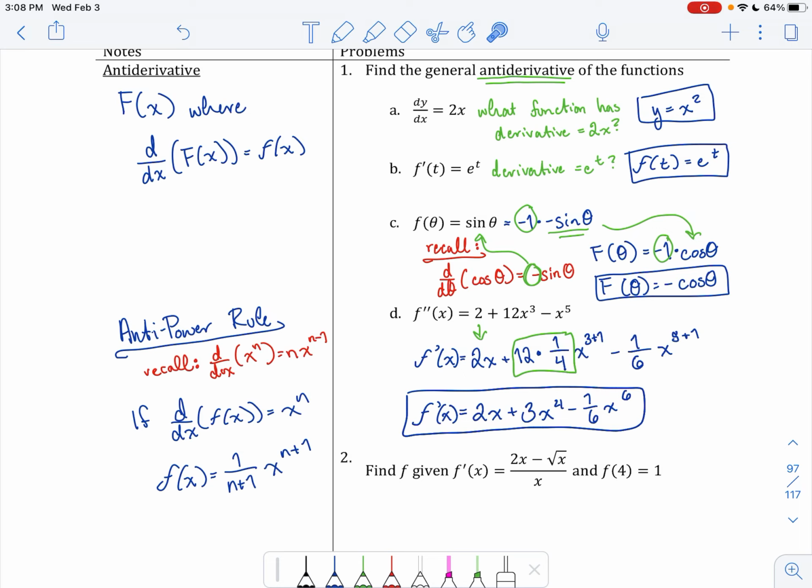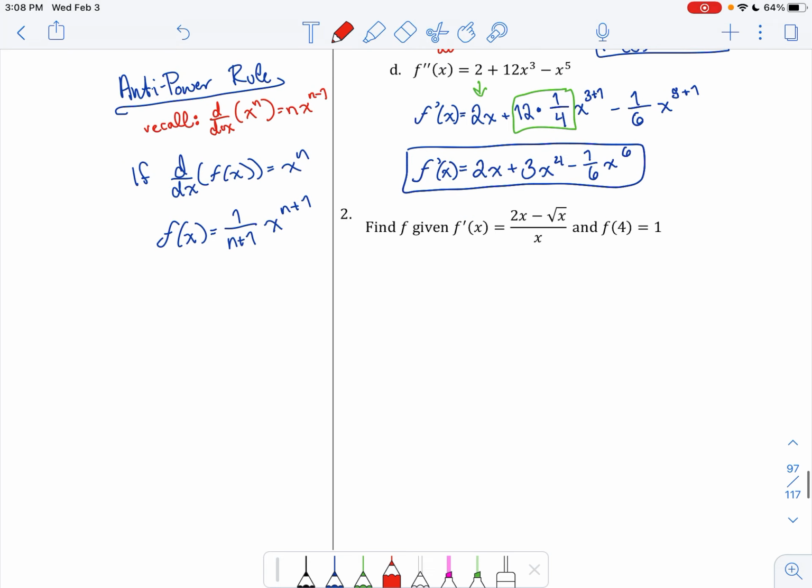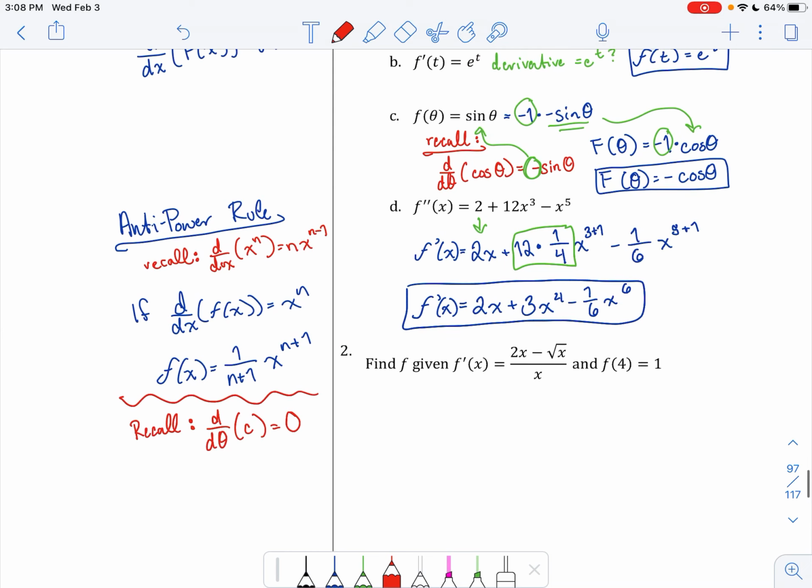Now, what you'll notice here is that these are the general antiderivatives. Now, the problem with a derivative is that if I have the derivative of a constant, recall that if I take the derivative of just some constant c, that's equal to 0.